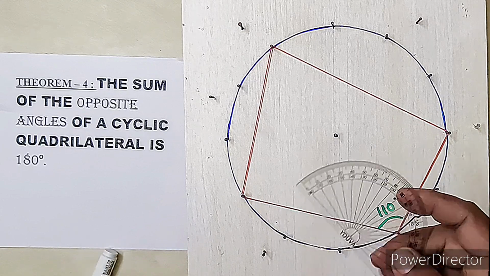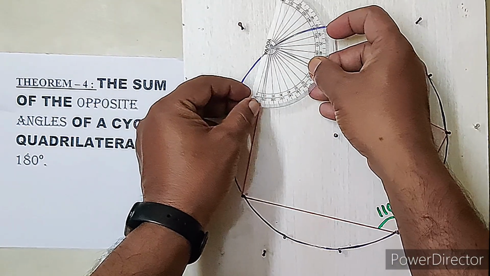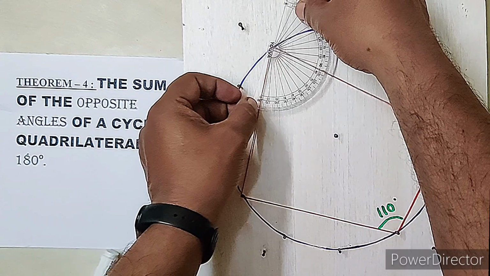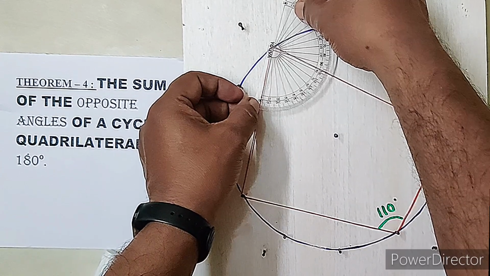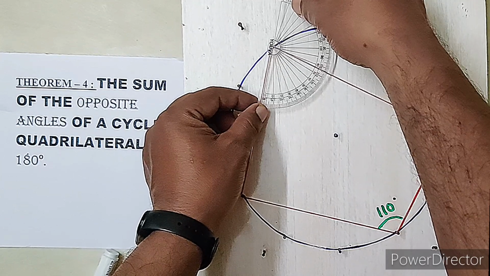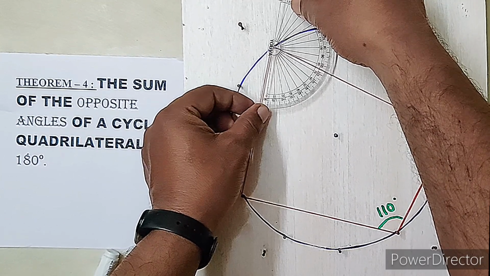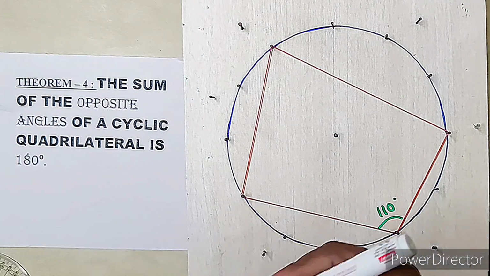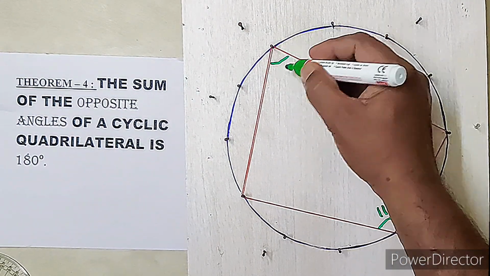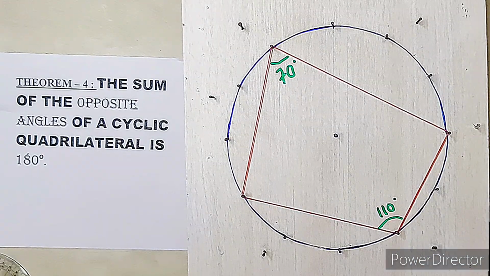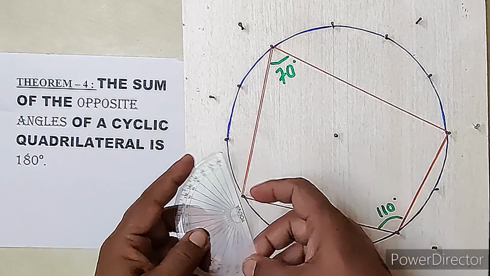Now let us see the opposite angle to it. And you can see that it is coming to 70 degree. Okay, so 70 and 110 added gives you 180 degree. Let us see this two pair of opposite angles.